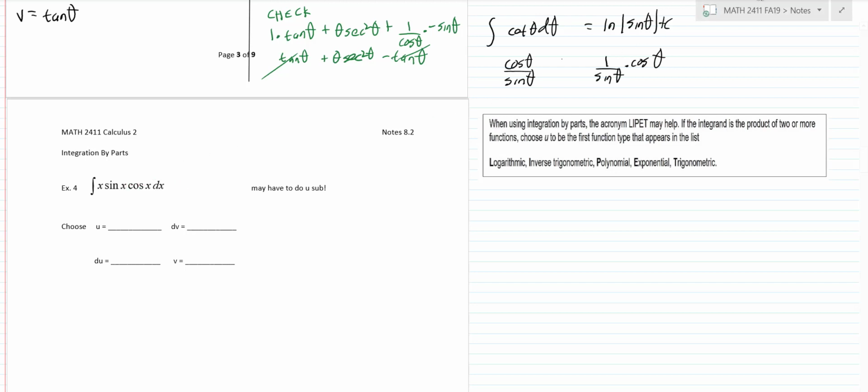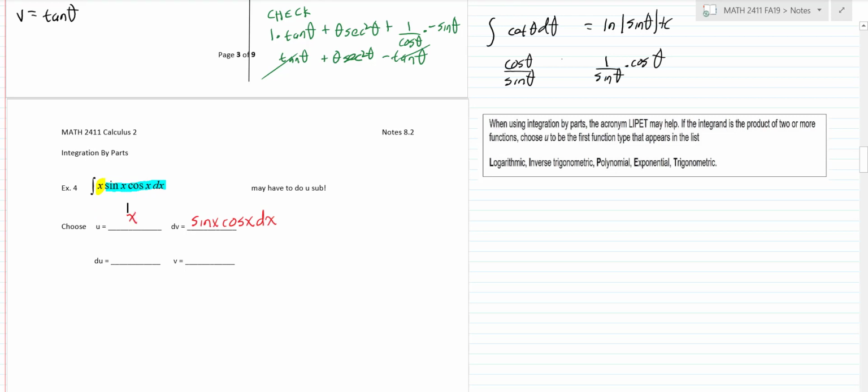When I look at this part of the problem right here, that actually is easy to integrate. Okay, you have a sine and a cosine in the same integral. You could do a U substitution on scratch paper to pretty easily figure that out. So what I'm going to do is let dv be the sine of x cosine of x times dx, and then I'm going to let u be x.